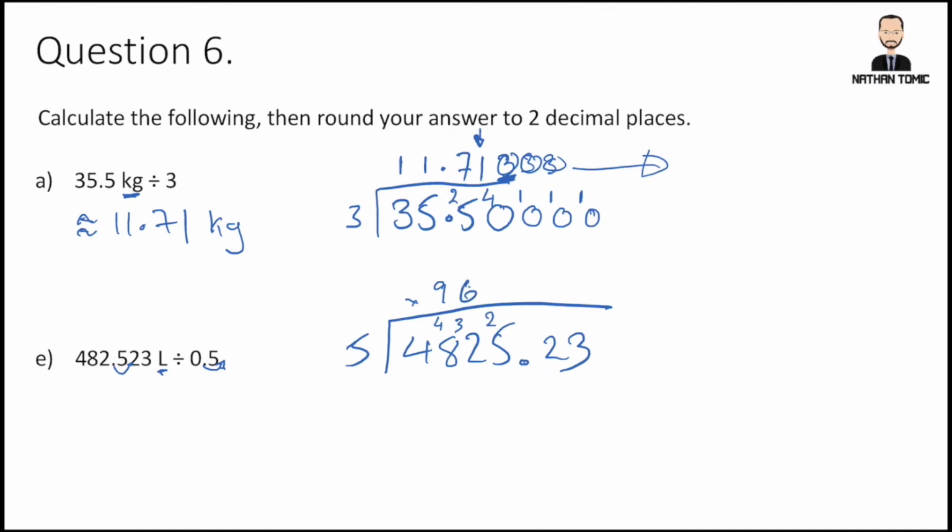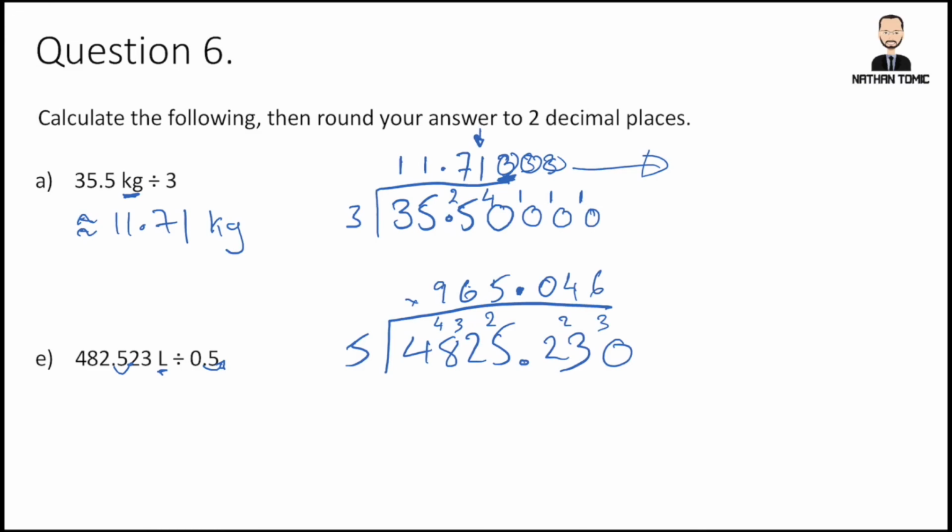5 into 25, of course, goes 5 times. There's my decimal point. Make sure I keep it lined up. 5 into 2 does not go, so put a 0. 5 into 23, because we carried it, of course, is 4, leaving 3. Put the 0, don't forget. 5 into 30 is 6. So we get a cleaner answer this time, but we still have been asked to round it to 2 decimal places.